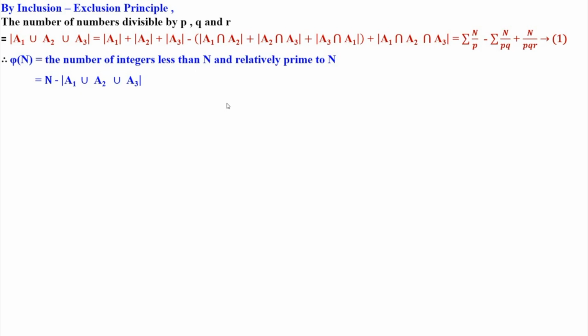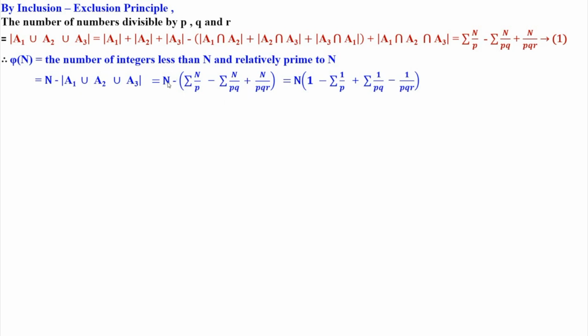But what we want to find is the number of numbers which are less than n and relatively prime to n, which are not divisible by p, q, r in n. So that means from the total numbers that we have, that is n, when we exclude these numbers, we get this notation, and this is how you will have the right hand side.